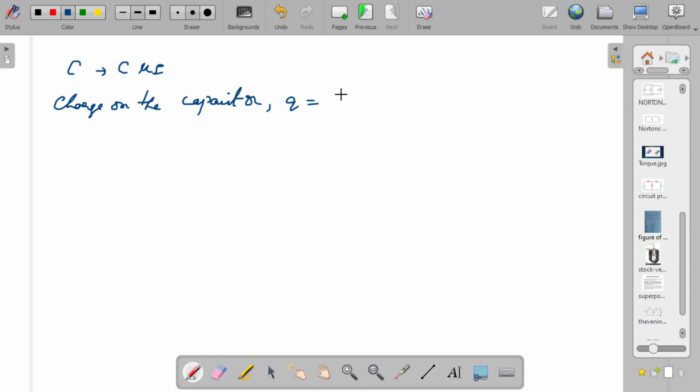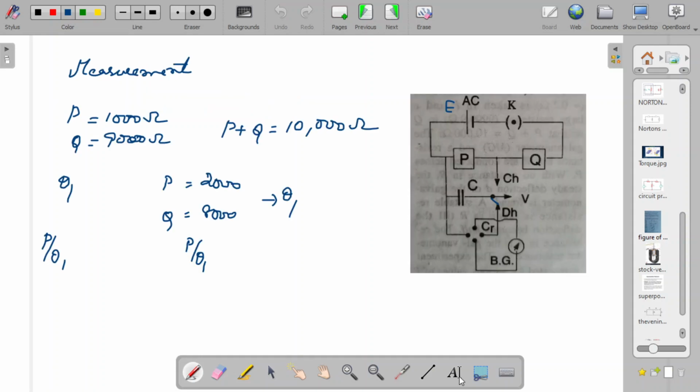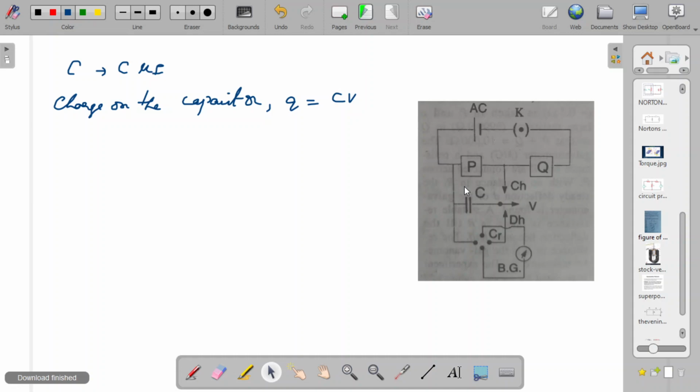I think I can put the figure there. So what is the voltage across the capacitor? The voltage across the capacitor is the voltage across P, right? And the voltage across P is the current flowing through P multiplied by P. What is the current flowing through P?